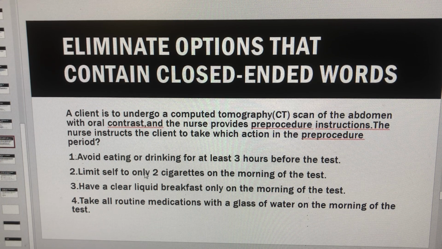Also, note that options 2, 3, and 4 are comparable or alike options in that they all involve taking in something on the morning of the test. Remember to eliminate options that contain closed-ended words. So the correct answer is number 1. Avoid eating or drinking for at least 3 hours before the test.